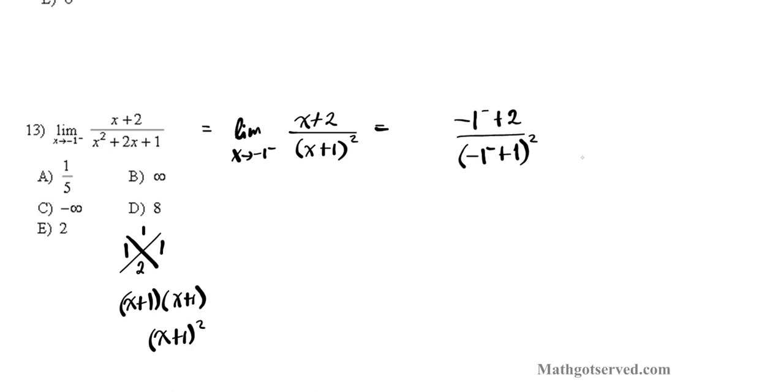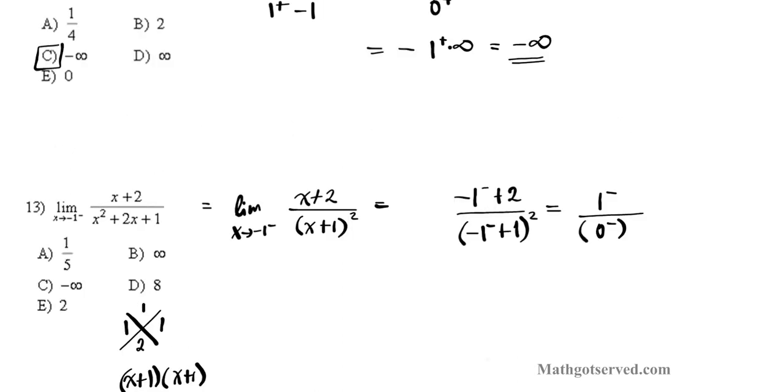Alright, so if we simplify this, we're going to have 1 from the left in the numerator, divided by negative 1 from the left plus 1, which is going to be 0 from the left, squared. So you can put a negative here, but it doesn't really matter since 0 has no orientation. All that matters for 0 mainly is the direction that you're coming from. Okay, so here we're coming from the left.